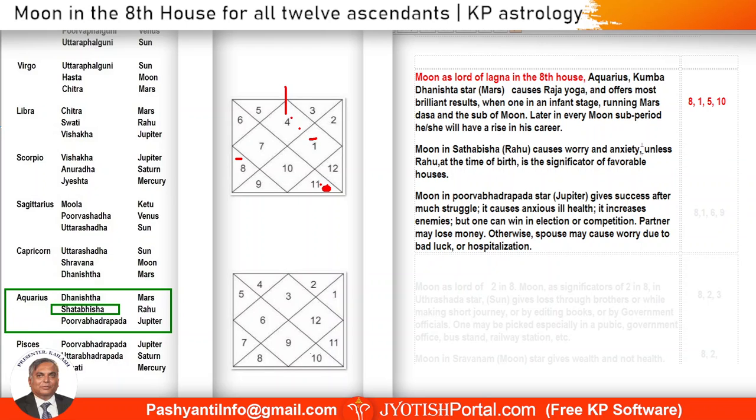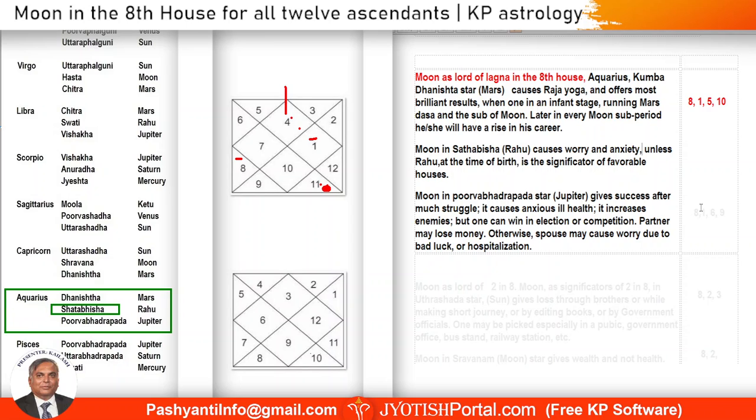Not that Rahu cannot give wealth or create Raj Yoga, but it seems to me that since Rahu is a natural malefic, there is always this word of caution from the professor that there has to be some kind of worry and anxiety, even if the results are very positive.